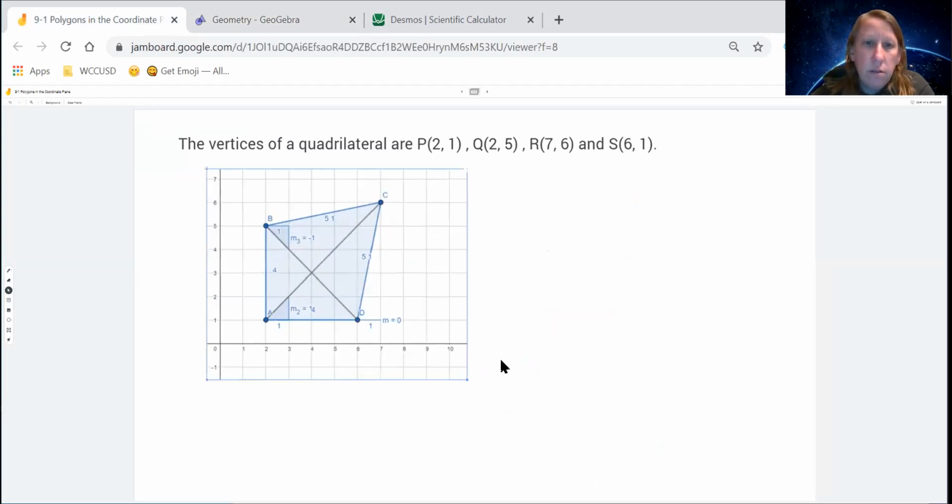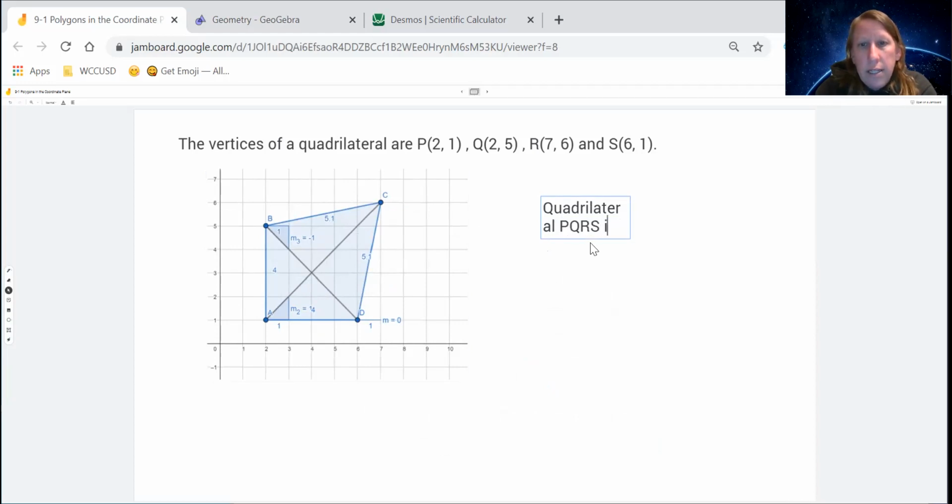So that's what it looks like. And to answer the question, the question wasn't very clearly stated, but it's what kind of shape is it? The quadrilateral PQRS is a kite.